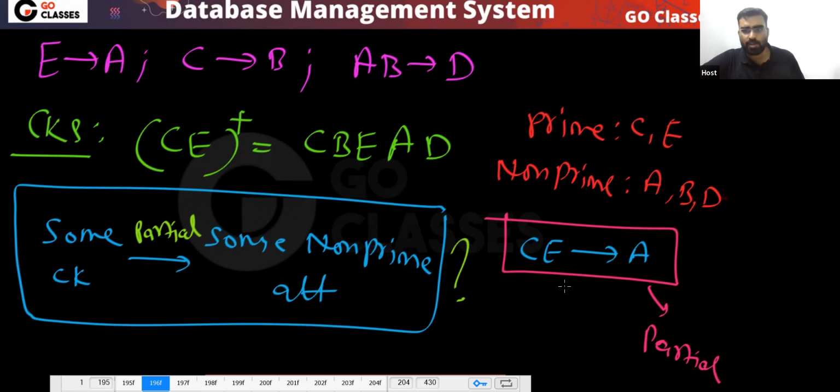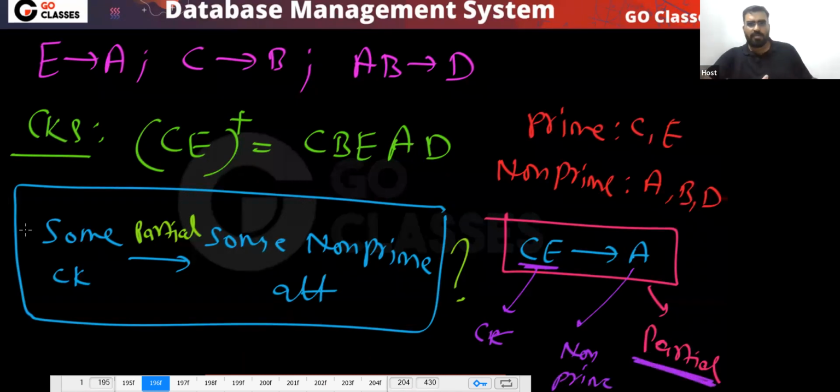Is this clear? So this is your partial. Here you can note this is the candidate key, and this is the non-prime attribute, and this is the partial dependency. So what can I say? So this is not in 2NF.